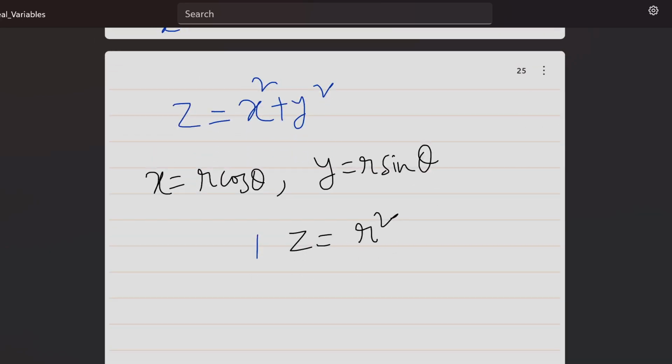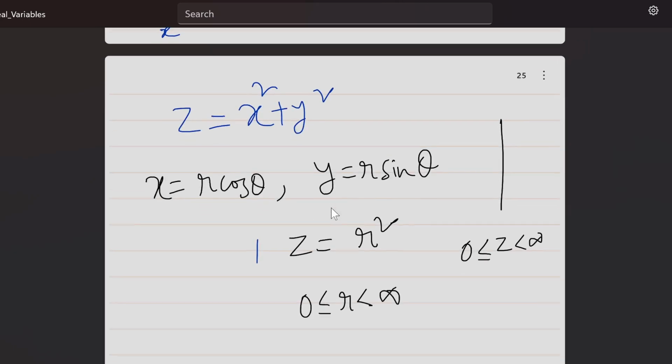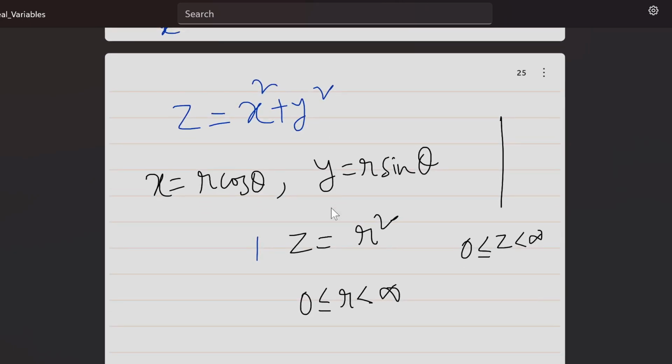Where does r vary? r varies from 0 to infinity, because z varies from 0 to infinity. z is the z axis. So z varies from 0 to plus infinity, that means r square varies from 0 to plus infinity because z is r square. So r varies from 0 to infinity, and theta varies from 0 to 2 pi. So this is the parameterization.